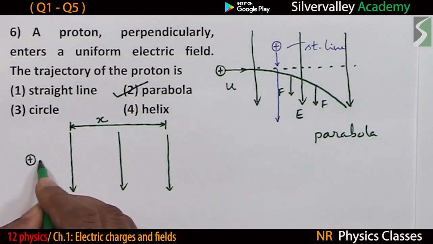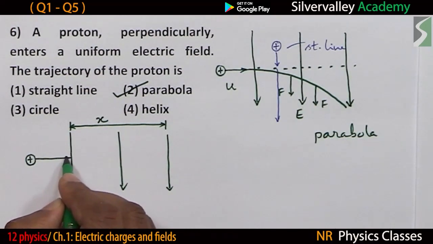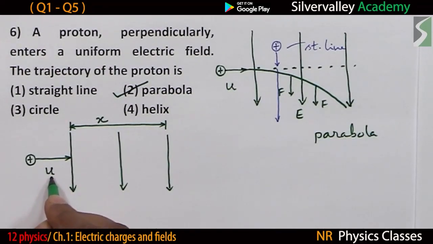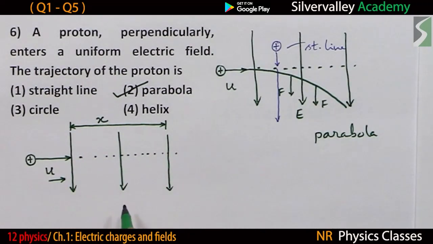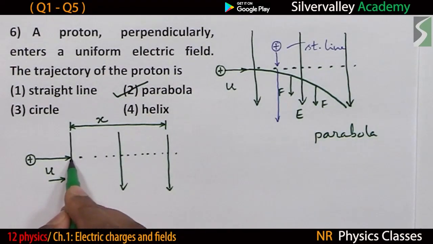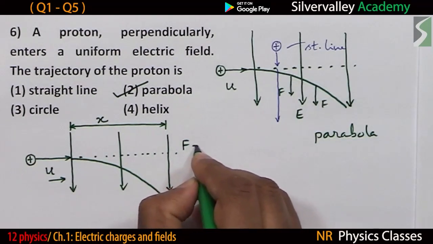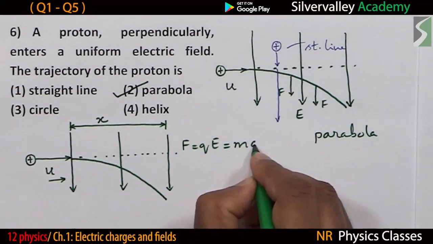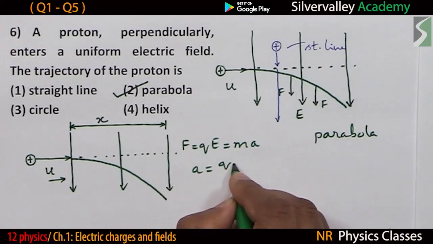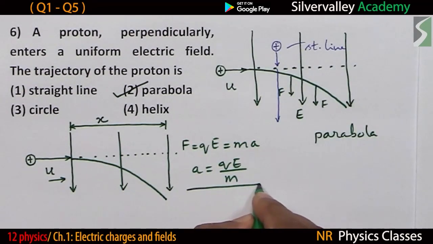A proton positively charged, let it enter this uniform electric field with velocity u. So u is initial velocity in this direction. This is the initial direction. Because of force in the direction of electric field, it is deflected like this. So force on a charge in electric field is Q into E, which is equal to M into A. Therefore A is QE by m. So we got expression for acceleration.